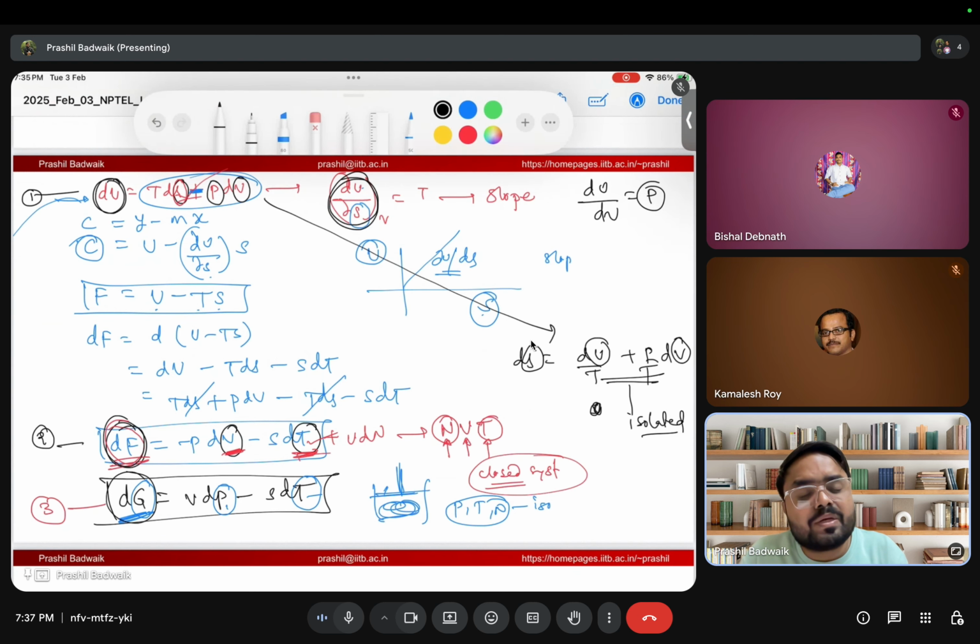Free energy is entropy. The universe that we have is an isolated system. So if something has to happen in this universe, what will tell whether that process is feasible or not? It is the entropy which will tell you whether the process is feasible or not.